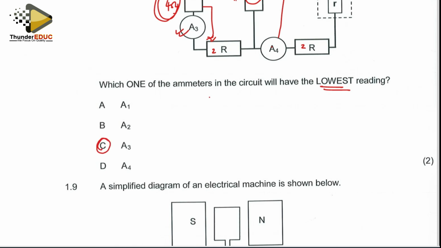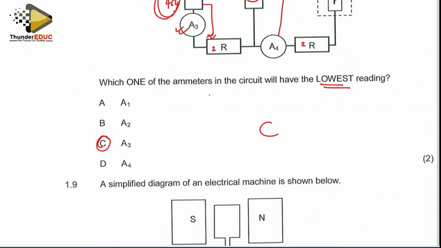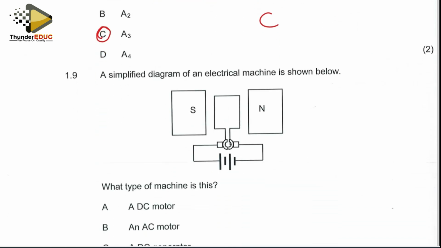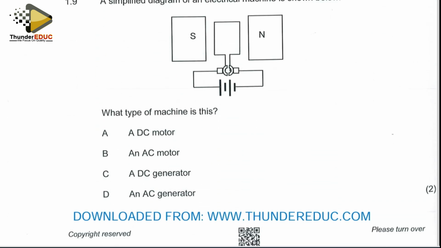Okay. And then 1.9, the following diagram is an electrical machine which is shown below. Okay, what type of machine is this? So before we draw the conclusion, we need to see which features are surrounding this machine. Number one, we have a source of energy, which is maybe a battery or something. So this is a DC source. So for as long as there is a DC source, it cannot be a generator.